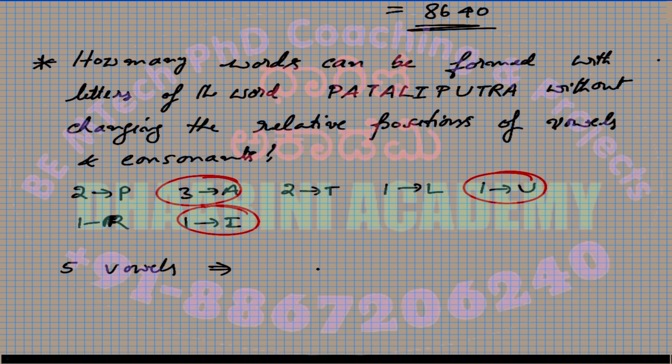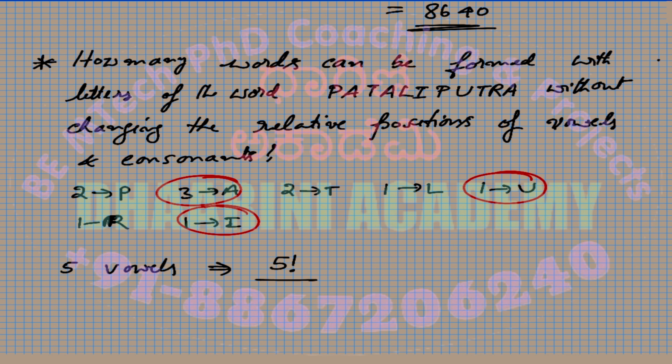So 5 vowels, in how many ways can you arrange 5 vowels? That is 5 factorial, out of which 3 are repeated, so 3 factorial. You can arrange it in this fashion.